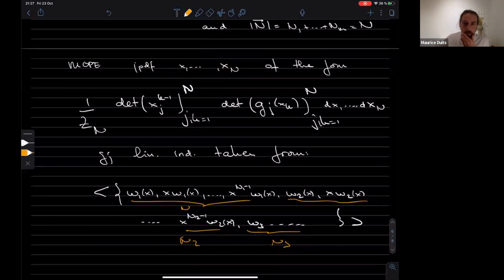Okay. So instead of just having two fundamental determinants, I have a slightly different matrix here, the determinant of G. It has also polynomials inside, but also these weights.